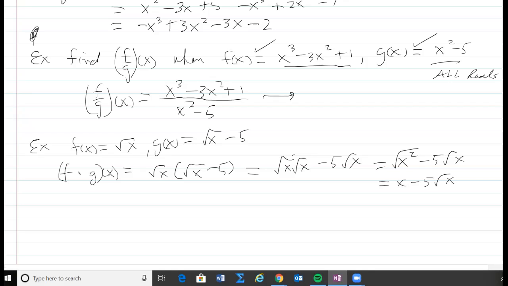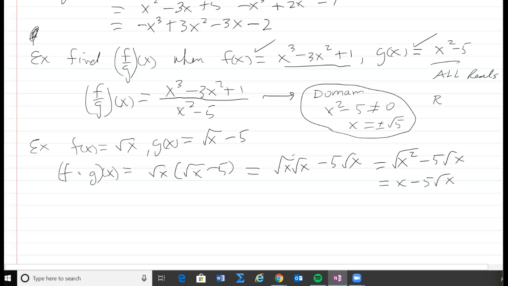So for our domain for this one, we would have to have x squared minus 5 never equal to 0. So that would be that x could not be equal to plus or minus root 5. So that would be our domain. Another way to say that is just x is real, not equal to plus or minus root 5. That would be your domain.